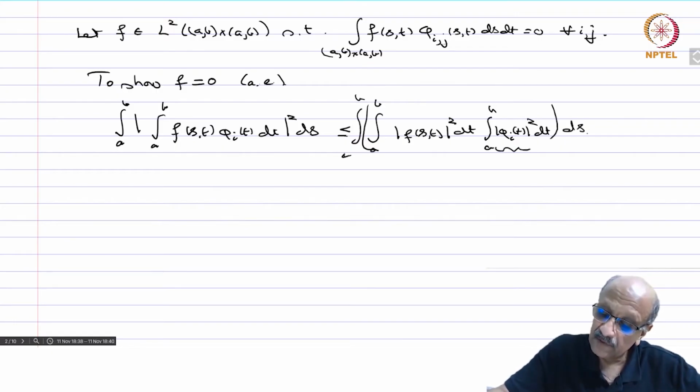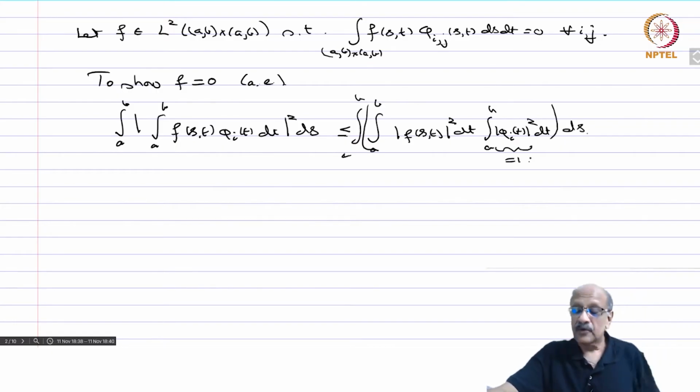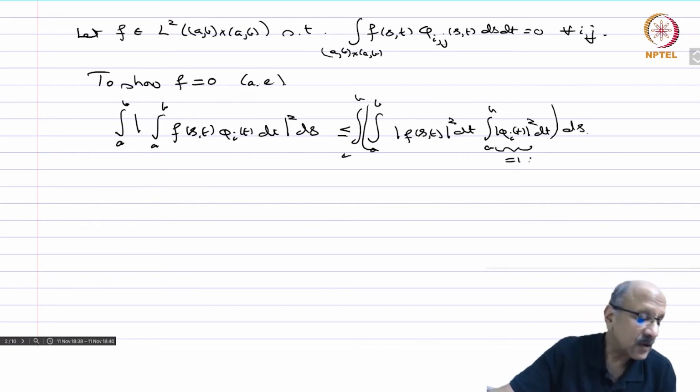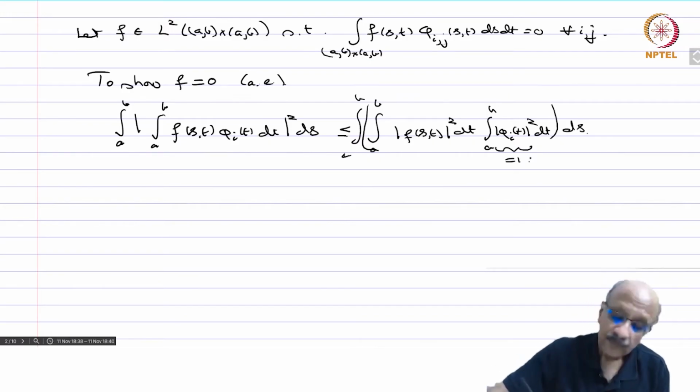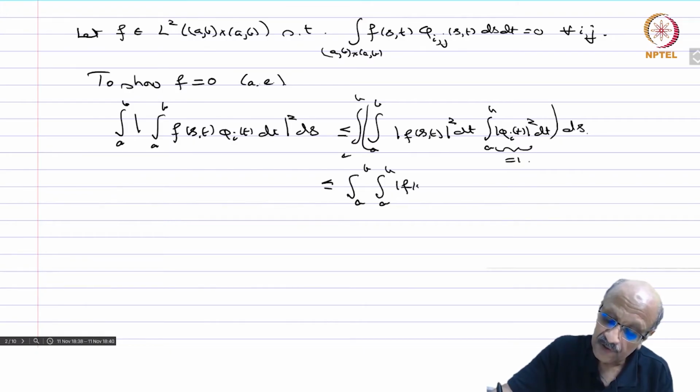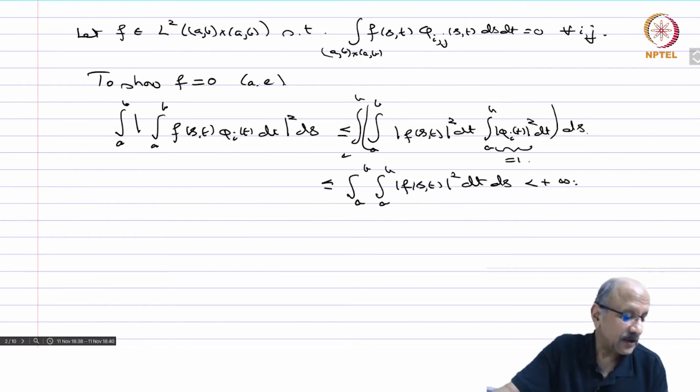Now this is given to be equal to 1 because we know it's an orthonormal basis. So this is less than or equal to integral a to b integral a to b mod f(s,t) square dt ds, and that we know is finite.